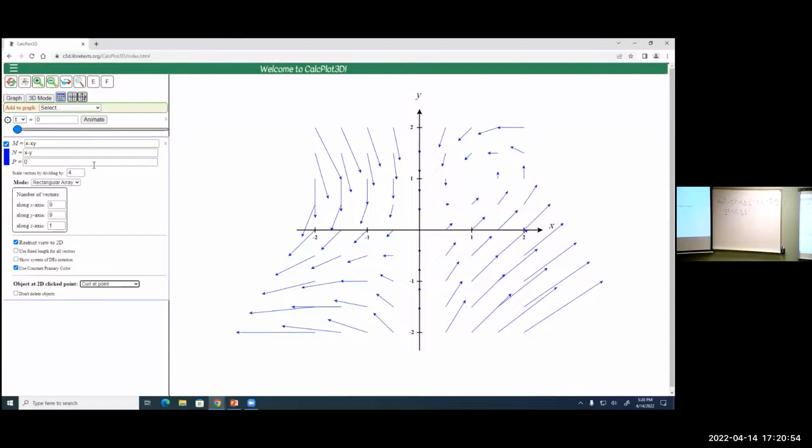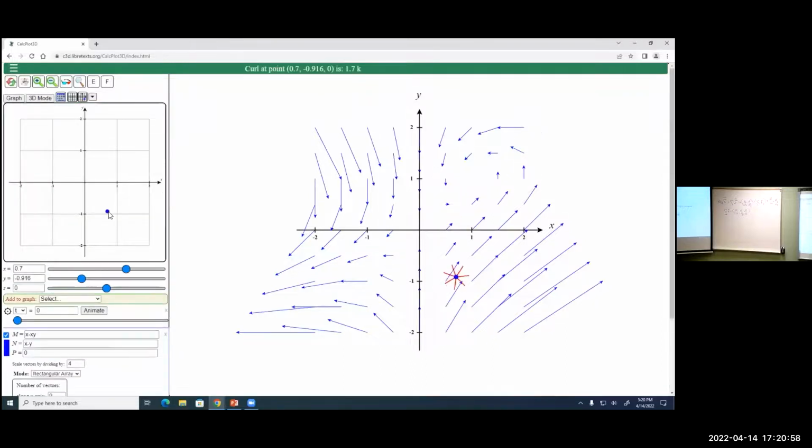We can also do curl at a point. So let's drop a point in there. That's the curl. That's what's making it rotate. Now watch what happens as we move this point around. Notice how, where the vectors are longer and in the same direction, it starts rotating faster.